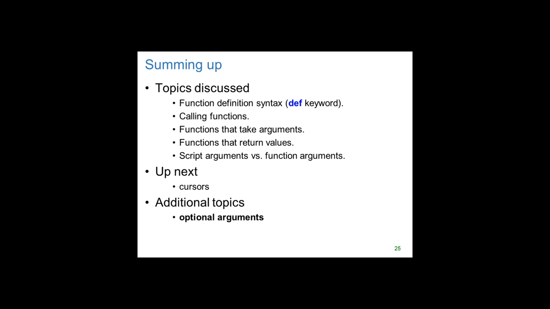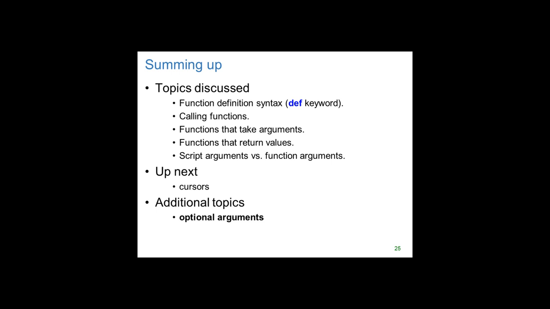We also differentiated between script arguments that are passed in by the user, versus function arguments, which are arguments that are passed in by the code where the statement that calls the function is.